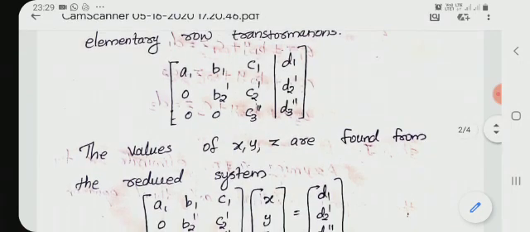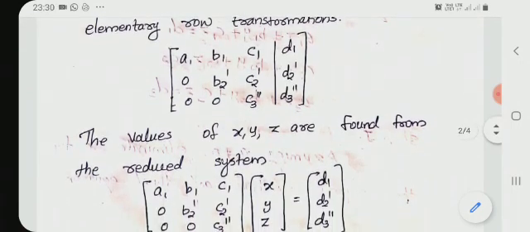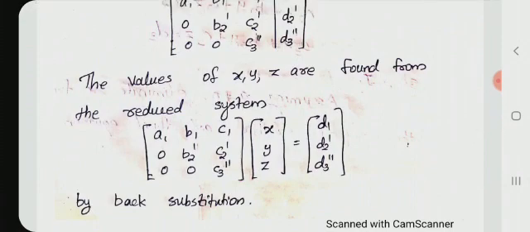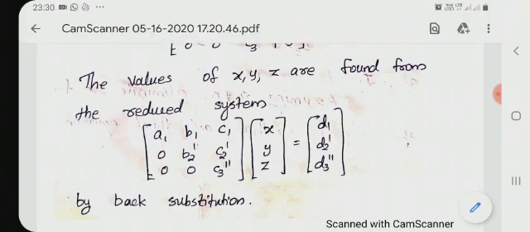Now we convert the augmented matrix into the system. It becomes a1 b1 c1, 0 b2 dash c2 dash, 0 0 c3 double dash into x y z equal to d1 d2 dash d3 double dash. Then from this reduced system, we find the values of x, y and z by back substitution.